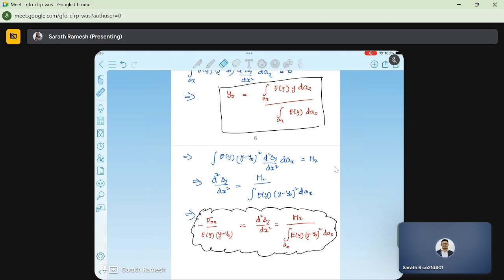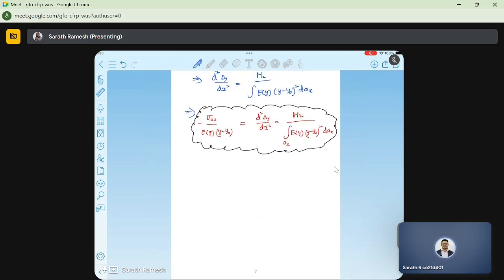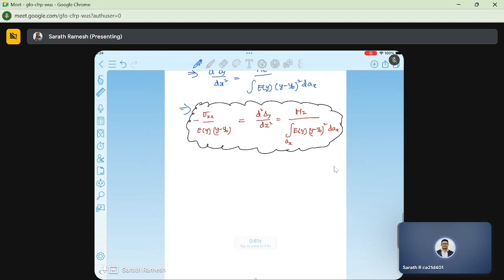We can simply convert the problem into a linear or homogeneous problem and then solve using the normal bending equation, right? So that is the method of using the modular ratio.